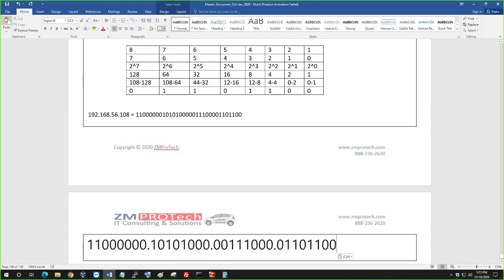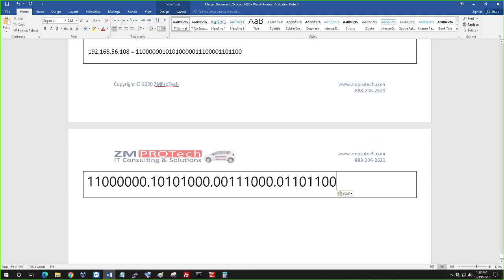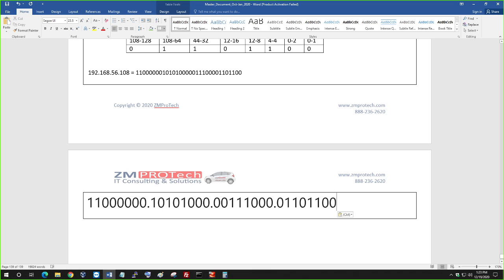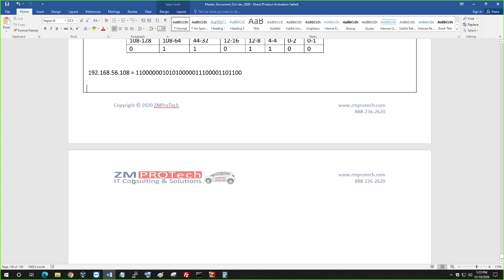What we have here is 0, 1, 1 followed by this many zeros. We're looking good here. Then 1, 0, 1, 0, 1, 0, 0. I would encourage you to calculate on your own whatever IP address you have; you could use this formula here. We did arrive pretty accurately, so use this system to calculate the IP address.